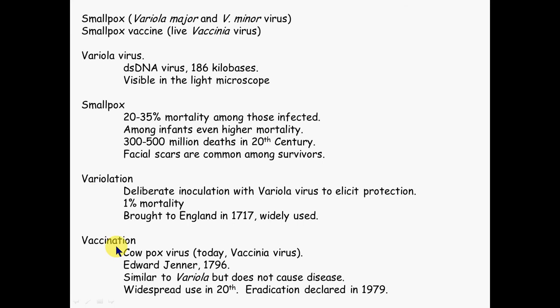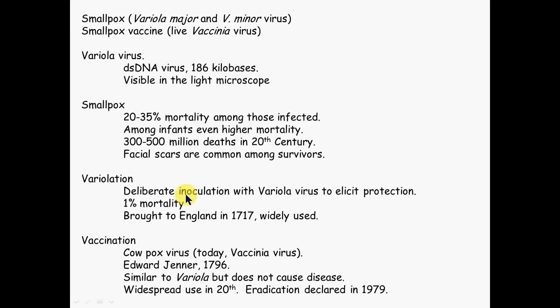This is fantastic history. There was a time when people were variolated. What does that mean? What that means is that people would deliberately have themselves inoculated with wild-type smallpox virus by a scratch in the skin.